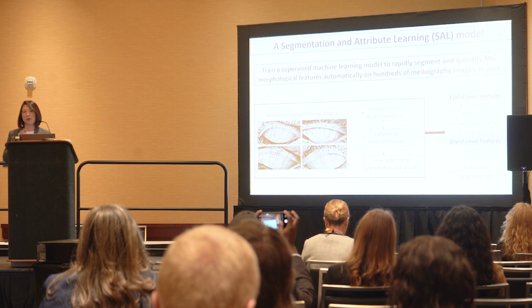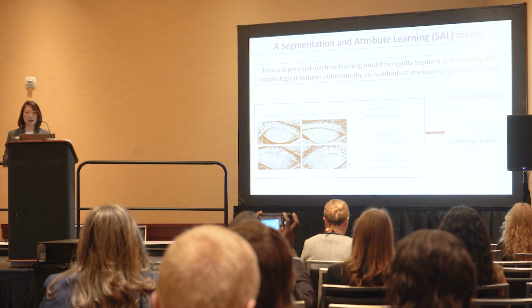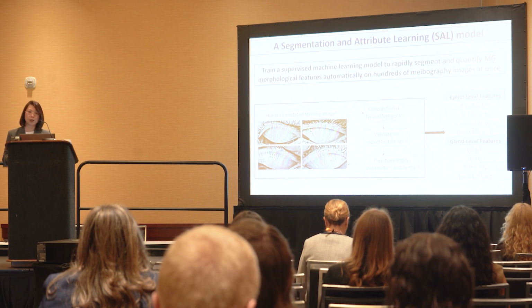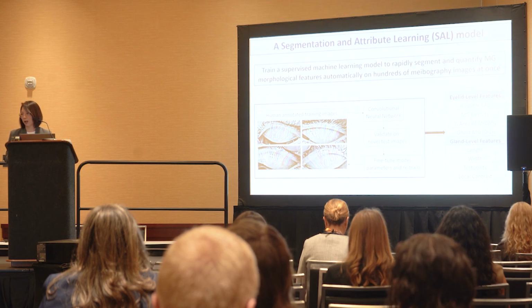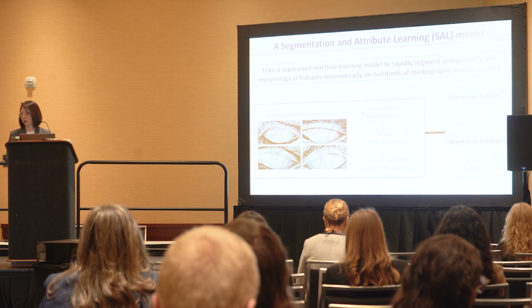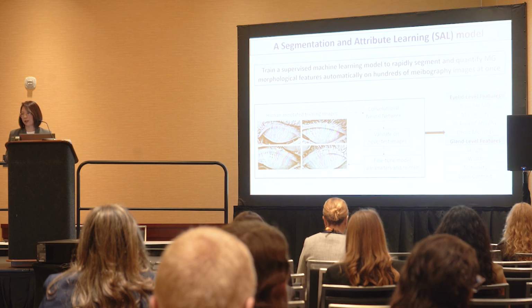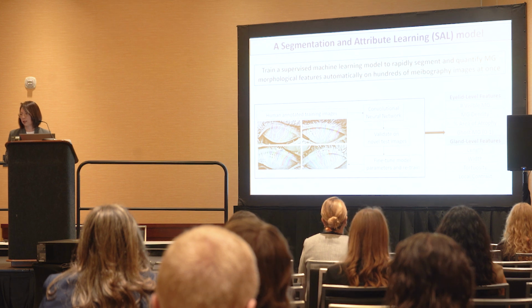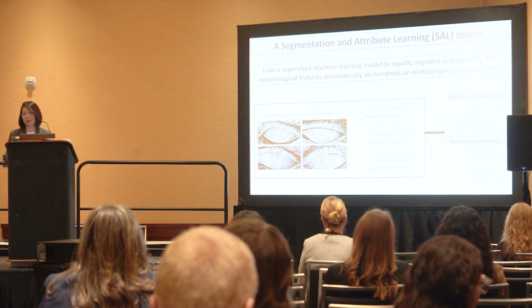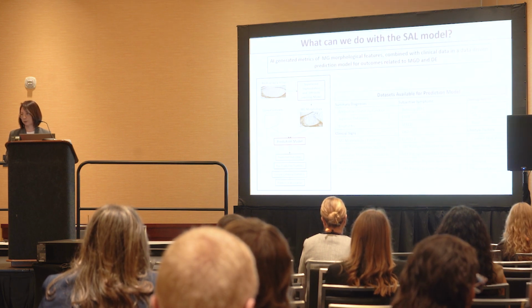So after many rounds of training, validation, and evaluation on over 2,000 images, we have an AI that can reliably quantify the following features, including visible gland and the gland density, atrophy area, and ghost gland, as well as length, width, tortuosity, and local contrast.